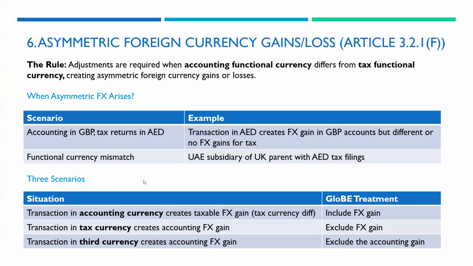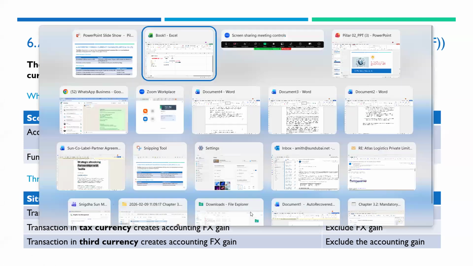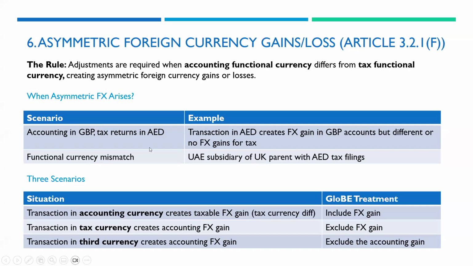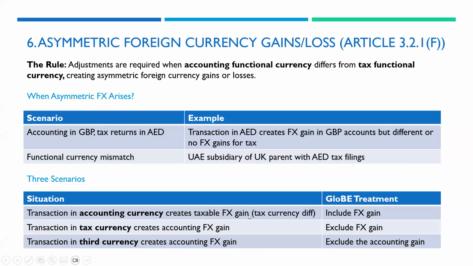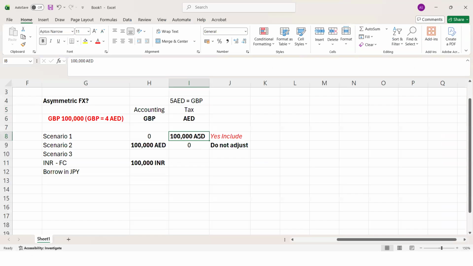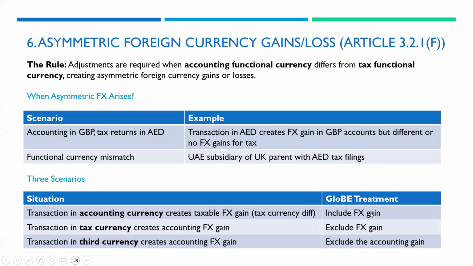Now let's go back to this and understand. If a transaction in accounting currency creates a taxable foreign exchange gain, then yes, please include. If a transaction in tax currency creates a foreign exchange gain, then exclude. If a transaction in a third currency creates an accounting gain, then exclude.